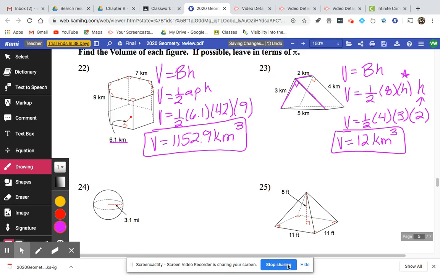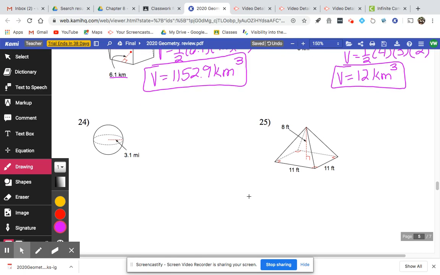Number 24. Here we need to find the volume of a sphere. This one is kind of a little wacky looking formula. So this is 4/3 pi r cubed. I'm going to plug everything I know into the formula first, and then I'm going to show you the easy way of calculating this.